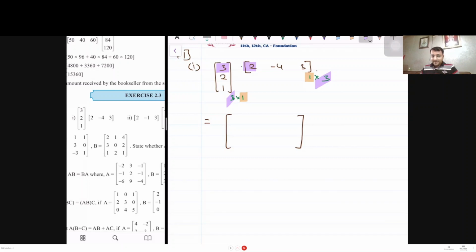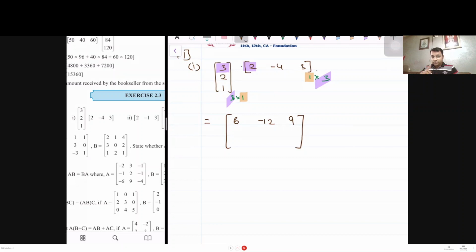Now, in the second matrix, there is nothing below it, so we don't need to add anything. Just multiply 3 and 2 and you are ready with the answer. So the value will be 3 into 2, that is equal to 6. Then go on with 3 into minus 4 and then 3 into 3. So 3 into minus 4 is negative 12, and 3 into 3 is 9.